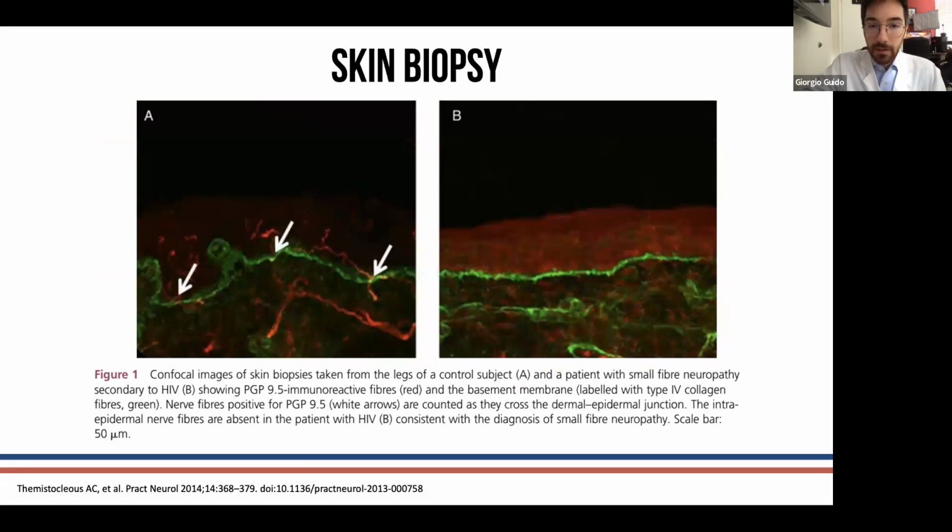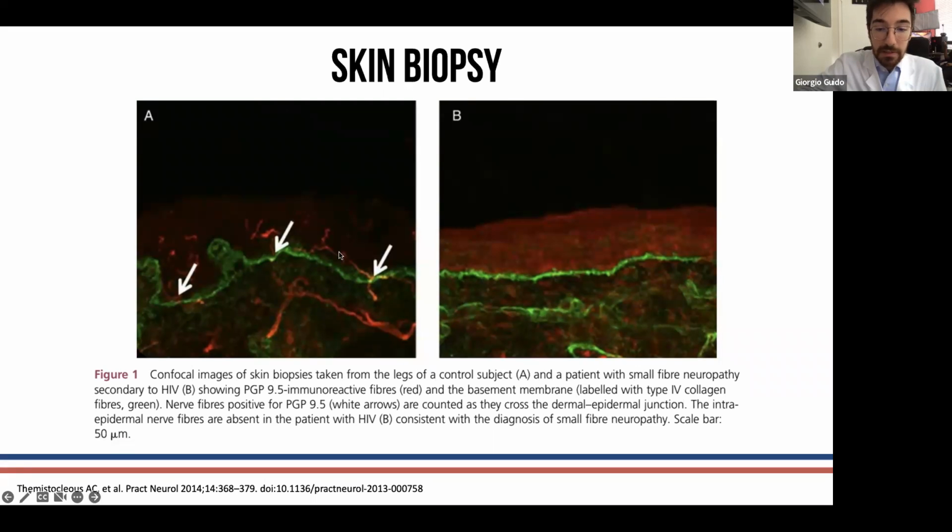Okay, the diagnosis is confirmed by skin biopsy, as you see in these confocal images. The skin biopsy is usually done on the leg. And here you can see the biopsy of a patient with small fiber neuropathy secondary to HIV infection. In the first picture, you see in red the fibers, and in green the basement membrane.